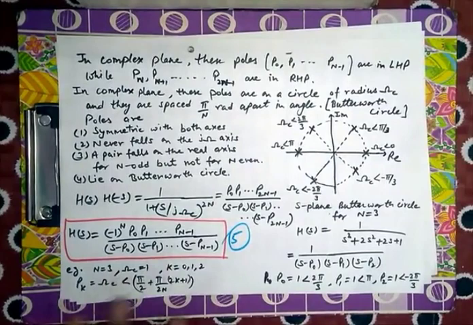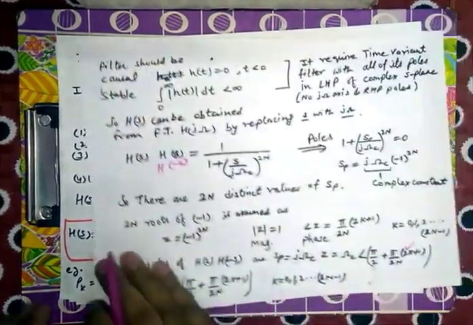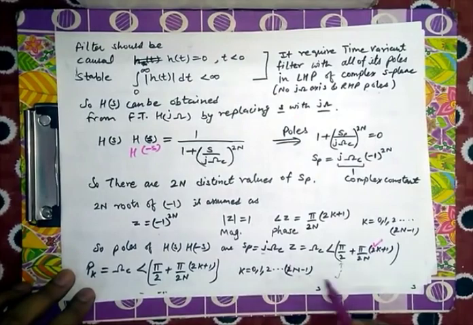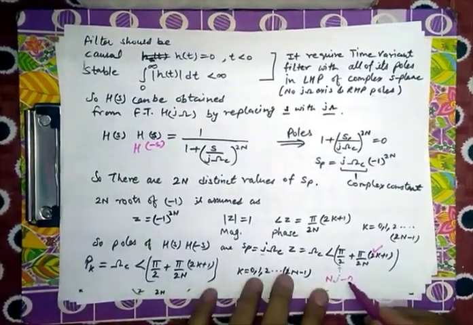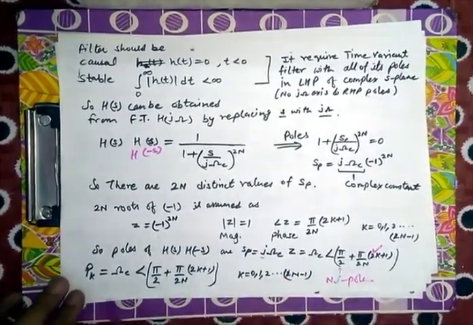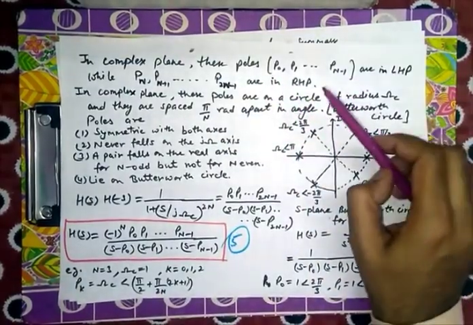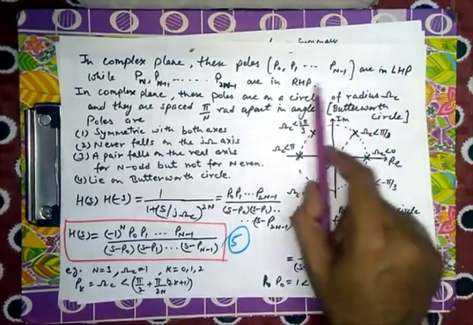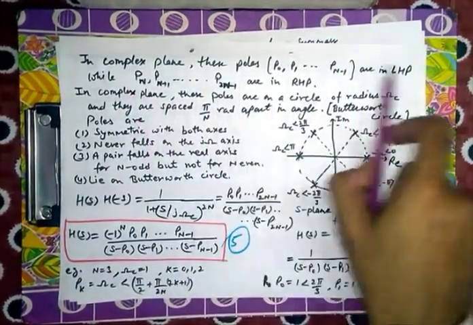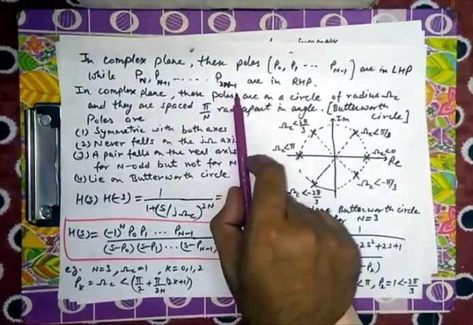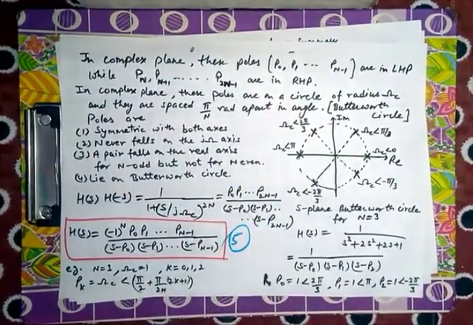Now in complex plane, these poles we have, from the last equation pk, and poles are k equal to 0 to n minus 1. We have now n poles. So these n poles, p0 to pn minus 1, in complex plane, are in left hand side of the plane, and further the images of these poles, pn, pn plus 1 to p2n minus 1, are in right hand side of the plane.